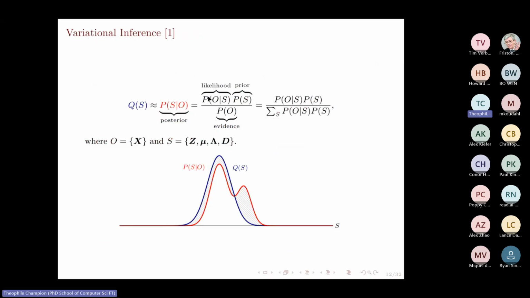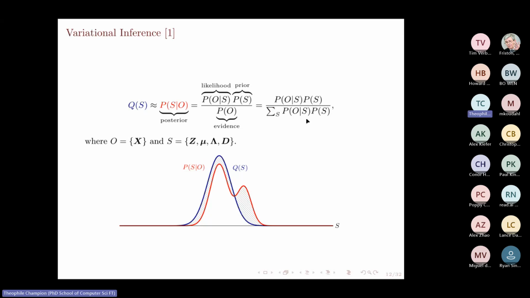Okay, so why is conjugacy useful? It's useful to perform inference. You could perform inference in order to compute the posterior using just Bayes' theorem, which gives you the posterior is equal to the likelihood times the prior divided by the evidence. But this evidence requires a marginalization, which when we have continuous variables turns into integrals, and this can be intractable.